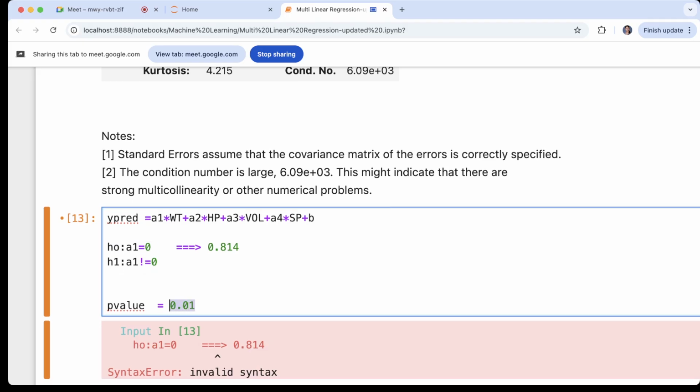So for a high p-value, we will accept the null hypothesis. And for a low p-value, we will reject the null hypothesis and accept the alternate.